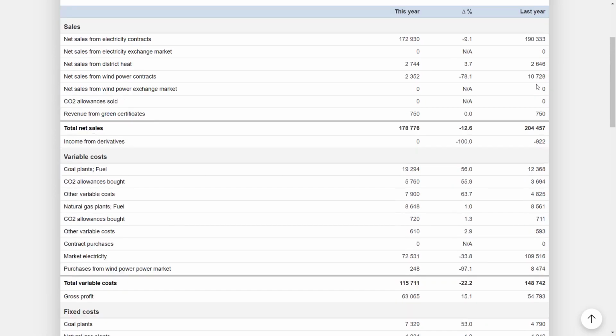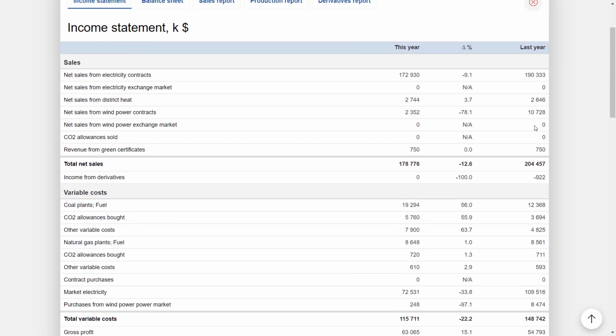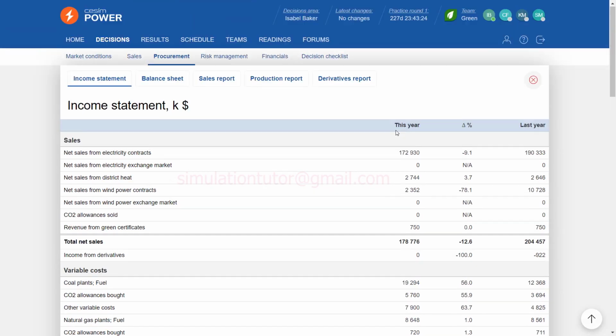The last year column shows us the actual figures from the round before, and this year is based on our decisions and estimations that we have been making throughout the different pages. Besides the income statement, we have the balance sheet, sales report, production report, and also the derivatives report.